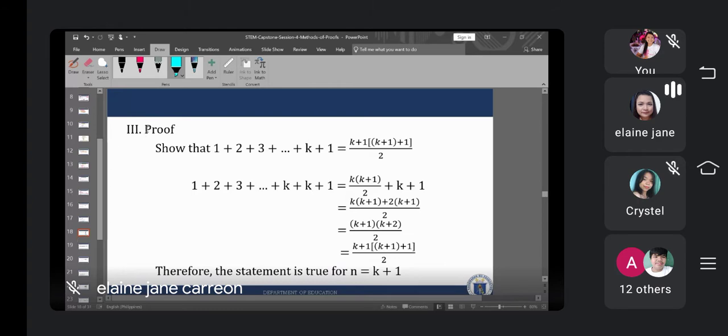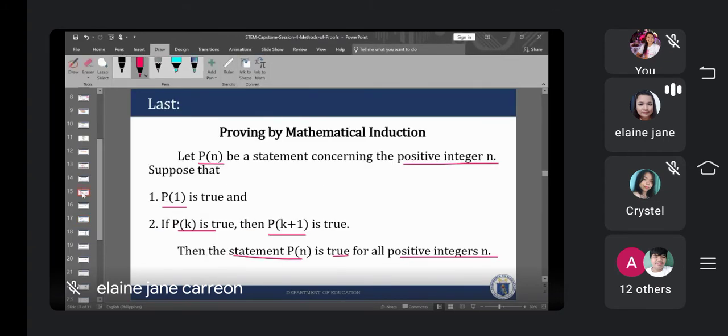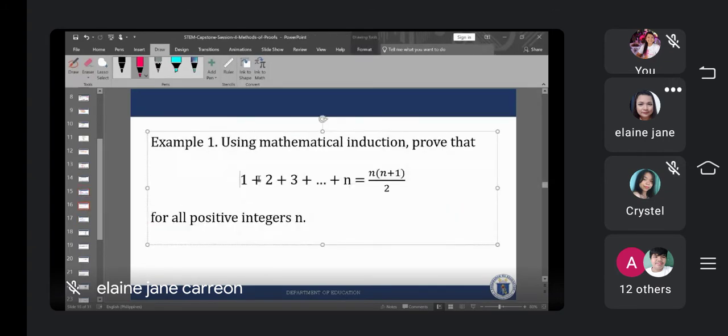The proving itself. So in our proof, we show that our original formula, we replace n by k plus 1. Kailangan pala makita ninyo. Kunin ko to ha. Asan ba yung original? Ito.